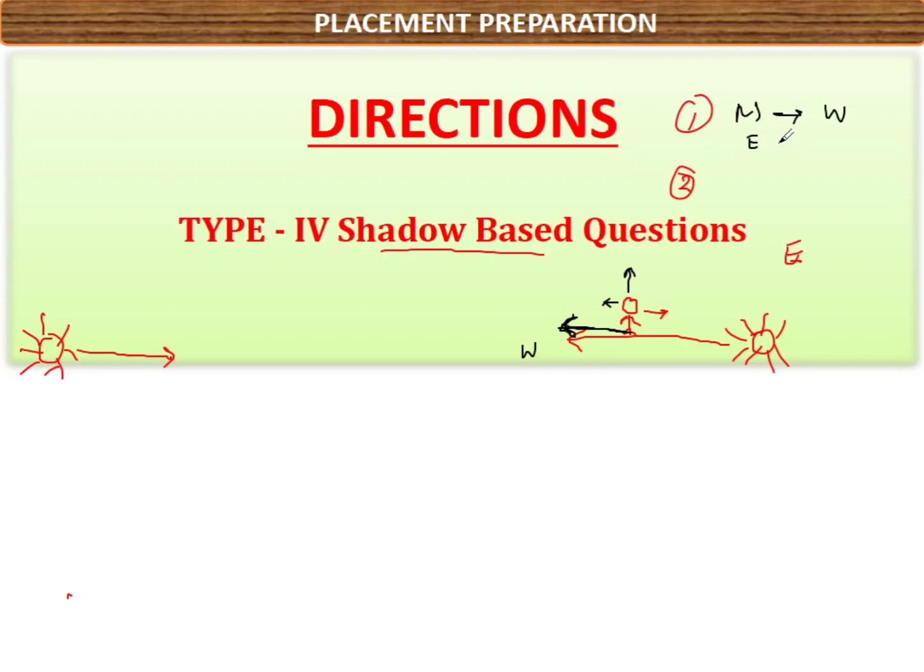Evening time, shadow direction will always be towards east side. That is first point. Second point, even if we change our direction, shadow direction will never change, because shadow direction will always be based on sun's direction. With this knowledge, let us start solving questions related to shadows.